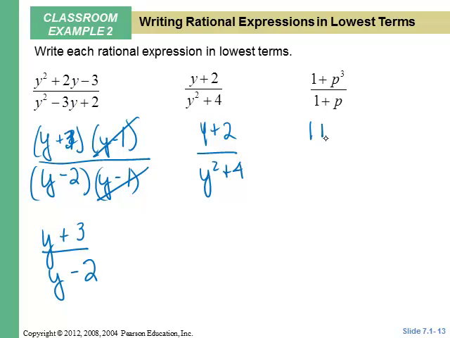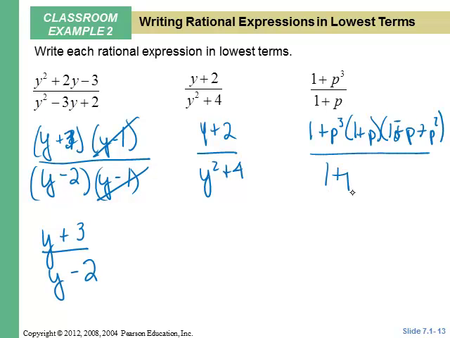For the last one, 1 plus p cubed factors into 1 plus p times 1 minus p plus p squared, over 1 plus p. Oops, this is supposed to be a minus p. So we can cancel this against this, and we'll get 1 minus p plus p squared.